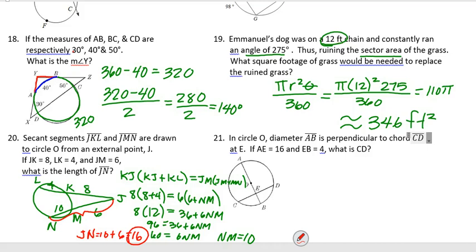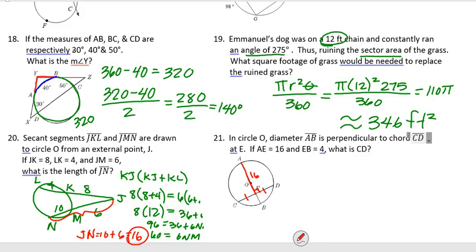All right, so the last one over here, it says, and I'm going to erase some of this so I can see. In circle O, diameter AB is perpendicular to chord CD. So we know that there's a right angle here, first of all. That means that these two sections right here have to be congruent. It says AE, so that's from here to here, is 16.